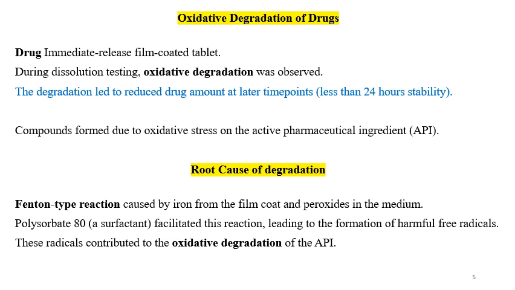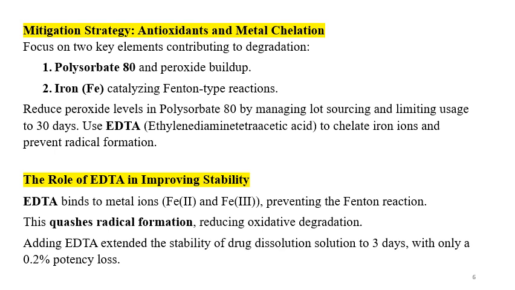Polysorbate 80, also called Tween 80 as a brand name, facilitated this reaction leading to formation of harmful free radicals. These radicals contributed to oxidative degradation of the API. So sometimes these smaller things can affect the drug degradation and can have an impact on the dissolution.